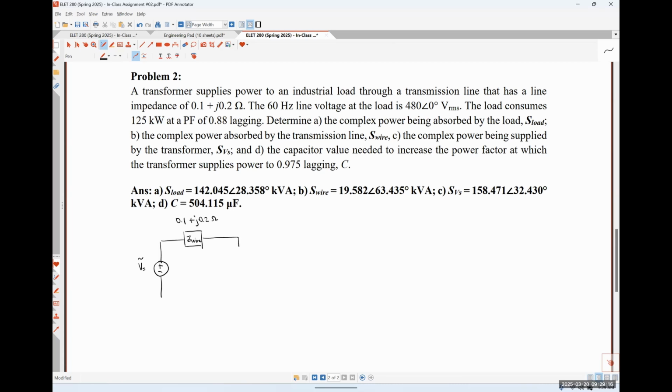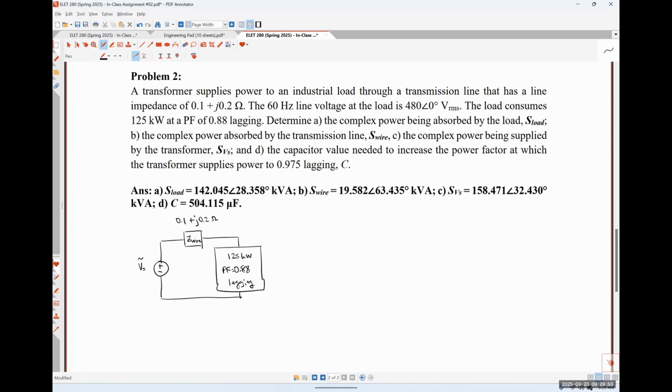And then over on this side, we have our industrial load, and we are told that our industrial load is drawing 125 kilowatts at a power factor of 0.88 lagging. So there is our graphical representation of our system.